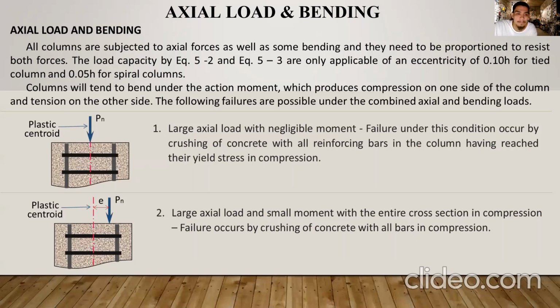So, katulad nga nung kanina sa axial load kasi, pag mas mataas ang eccentricity, mas mataas ang moment. So, nakadepende din yun kung ang ginagamit is tied column or spiral column. So, dito naman is ipapaliwanag lang dito yung iba't ibang klase ng moment, tsaka yung failure na mangyayari based sa laki ng eccentricity. Diba?